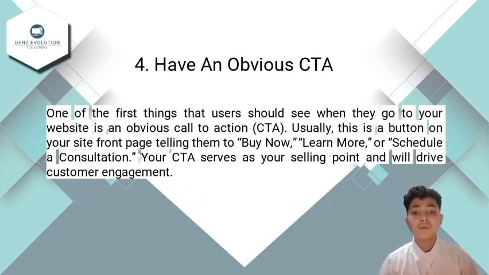With a call to action like buy now, sign up, or learn more, if the user is interested, they will click the button and see the products and search for what they are interested in. If your website doesn't have a CTA, how will the user buy or search for the product you sell?